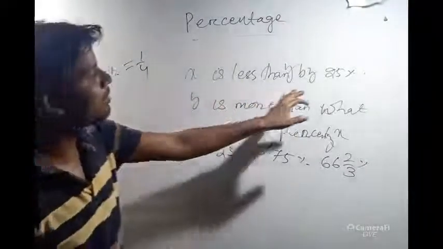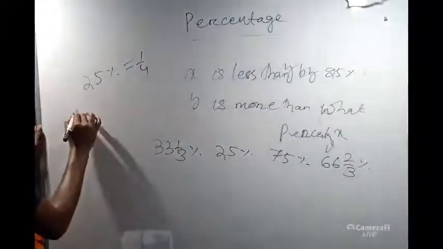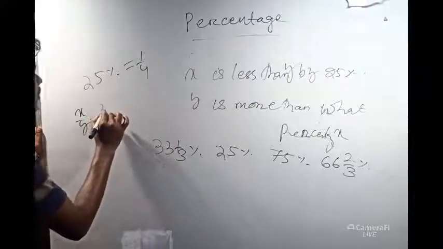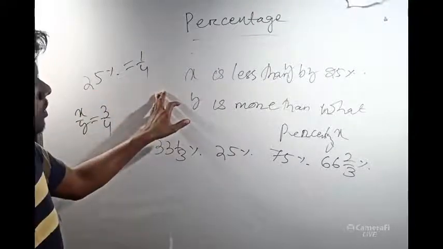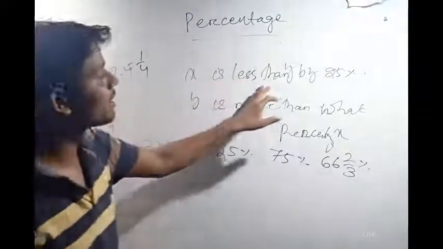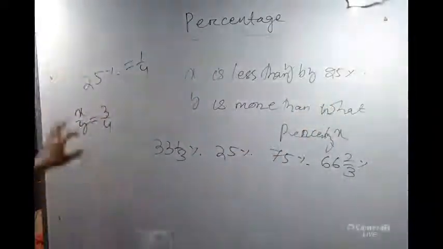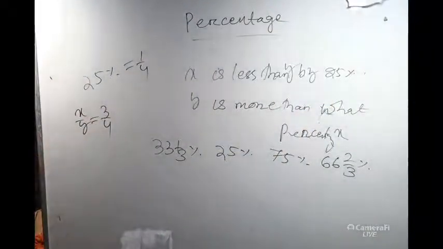If X is less than Y by 25%, then X by Y equal 3 by 4. Okay, any doubt?